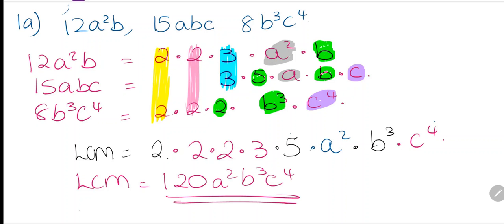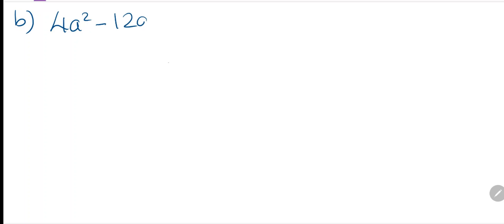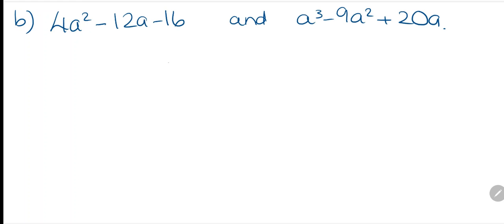So we're going to have a look at another one. This time we have 4a squared minus 12a minus 16 and a cubed minus 9a squared plus 20a. So we need to factor.